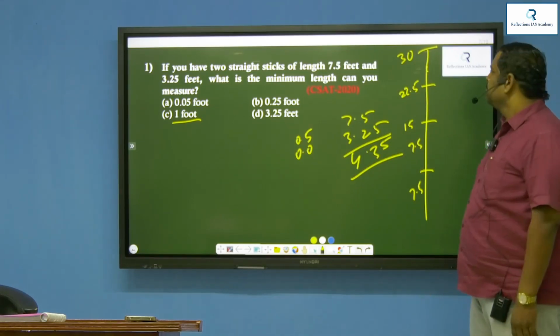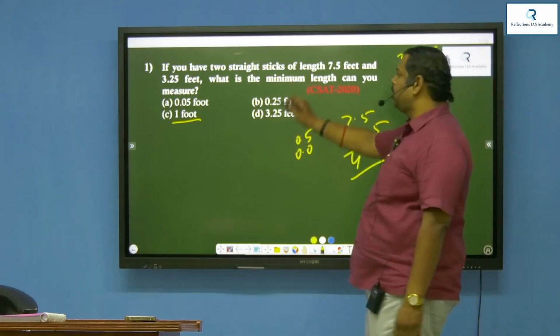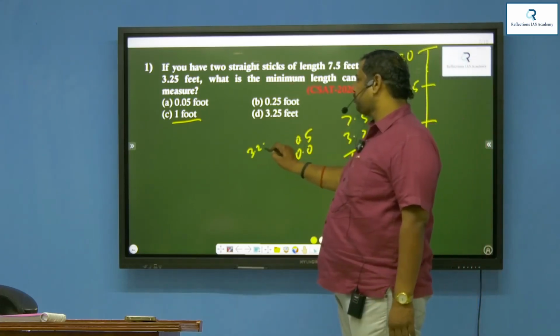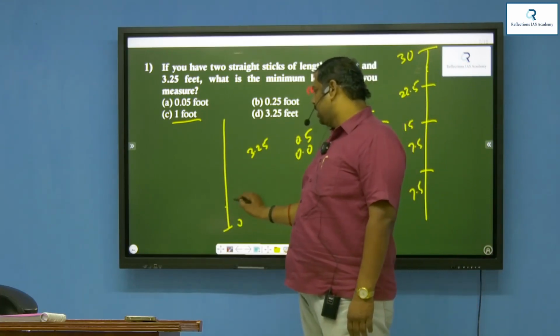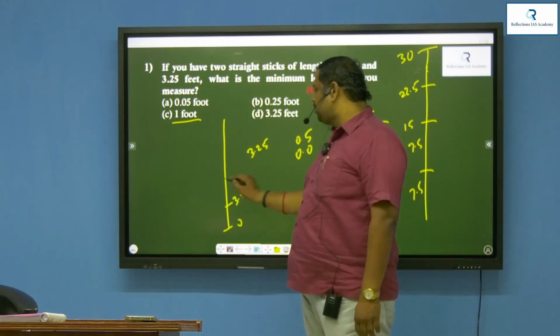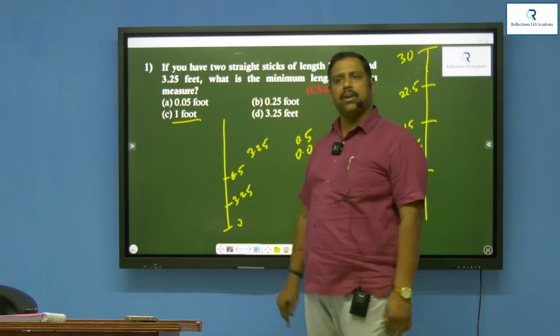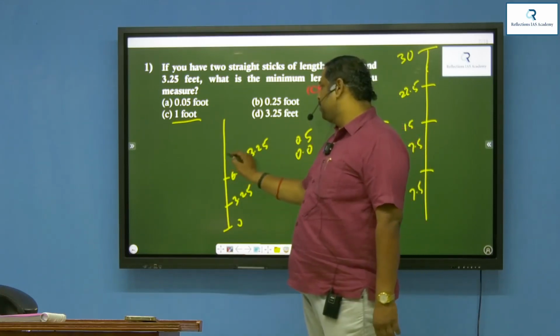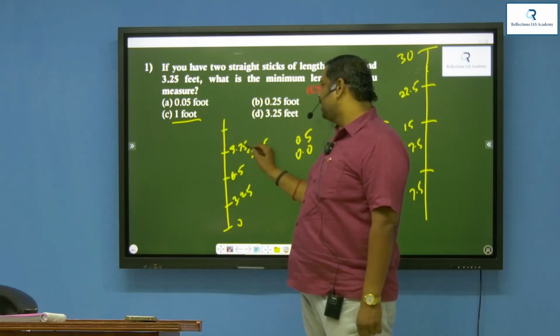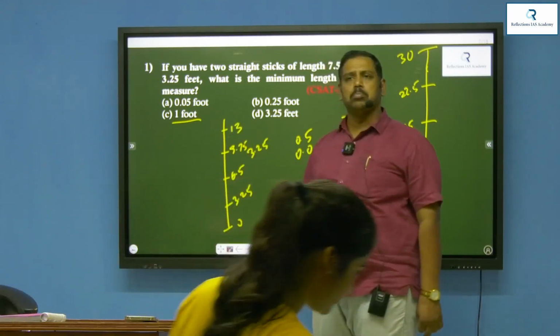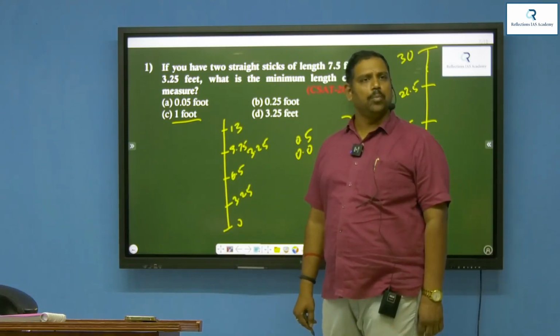Okay, good. Coming to the next stick, 3.25. If I want to measure, it is 0, then 3.25. 2 times if I measure, it will be 6.5. 3 times means it will be 9.75. Next I have to add 3.25 again, so it will become 13.